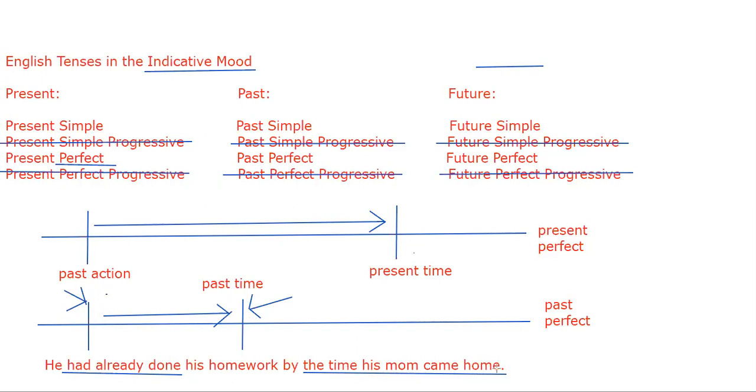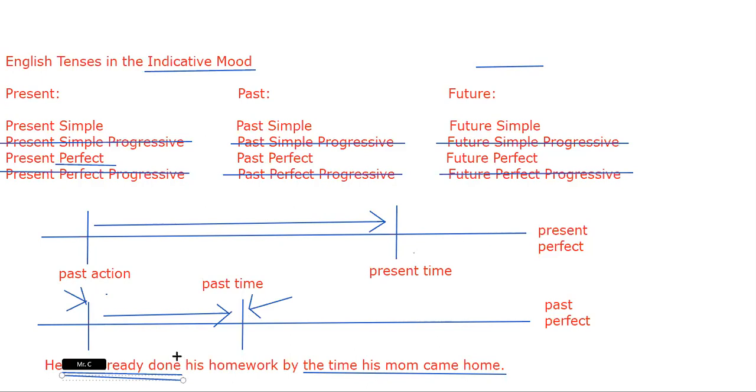That's another point in time in the past. So it's different from the present perfect in that instead of stopping in the present, it stops in the past. But they both start from a past action.